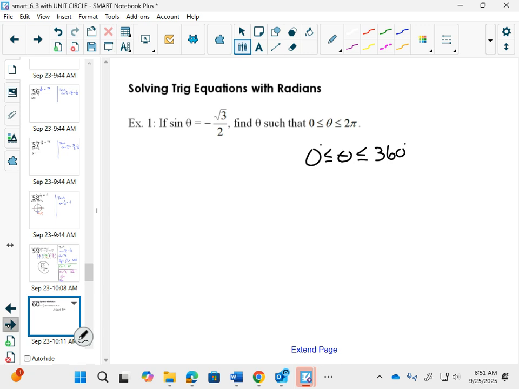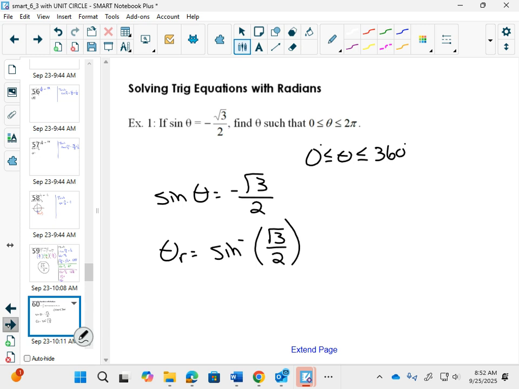But if this was grade 10 math, I'm going to use some grade 10 and some grade 11. I would be like, I need to find my reference angle. It's maybe a little bit more like grade 11. In grade 11, how do you find your reference angle? You do sine inverse of something that is very important.